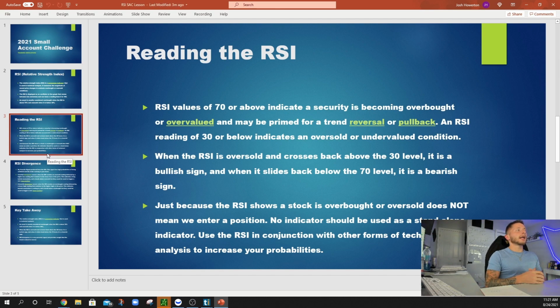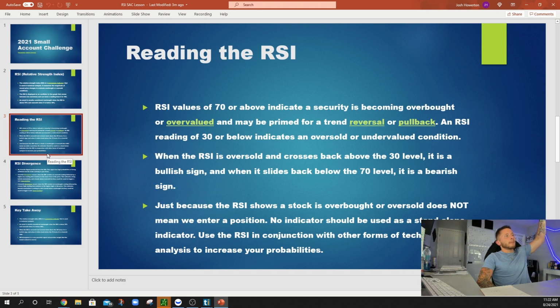An RSI reading of 30 or below indicates that the stock is oversold or undervalued, and we could still see a reversal, right? So again, the stock is screaming to the upside, and it's an 80, 90 on the RSI. That could be a great indication that the stock is overbought, definitely a little overvalued, overextended, and could definitely see a trend reversal or a pullback.